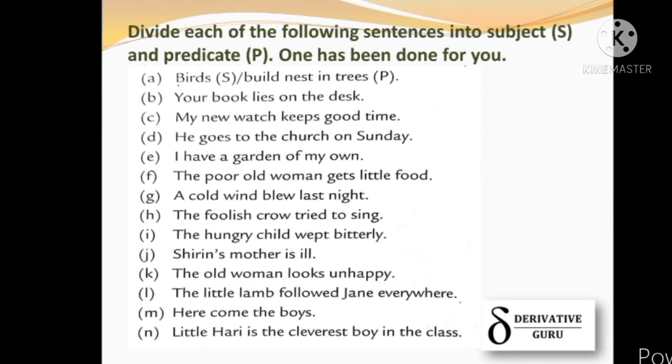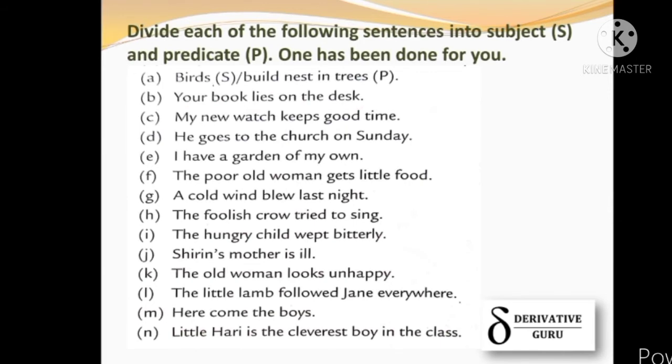So, birds is the subject in the sentence. Build nest in trees becomes the predicate. So let us see the next example. Your book lies on the desk. So what are you talking about? You are talking about your book. So your book becomes the subject. And the remaining part, that is lies on the desk, becomes the predicate.